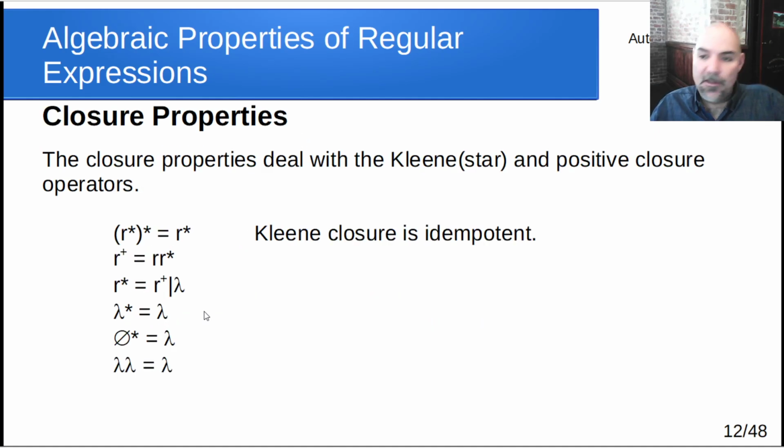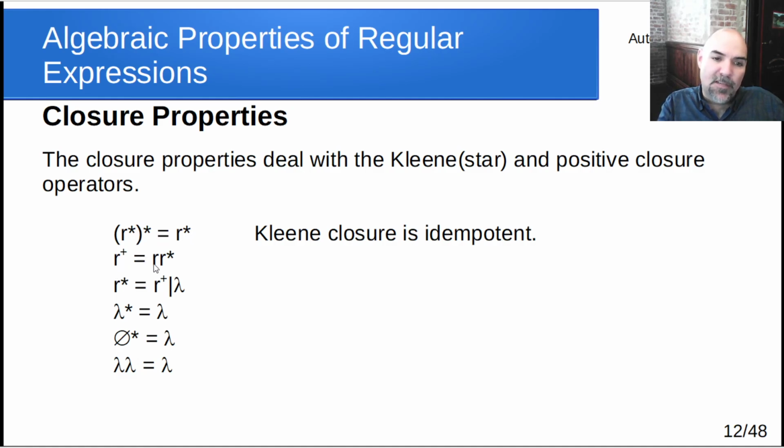Okay, now on to a few closure properties. Remember the closures are the positive closure, meaning the plus sign, or the Kleene closure, which is the star operator. Again, here's the idempotent property we had from the previous page: anything starred is the same as just that thing starred.